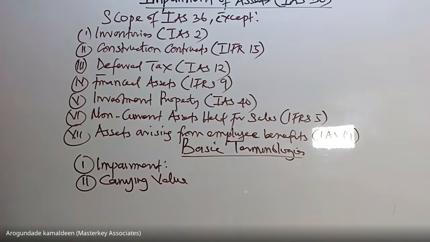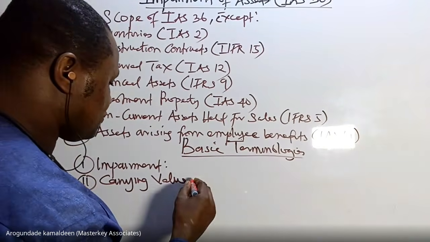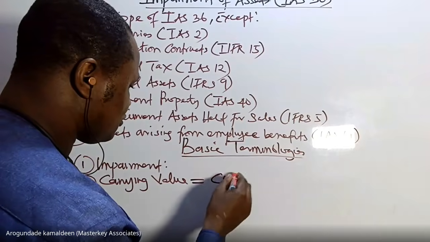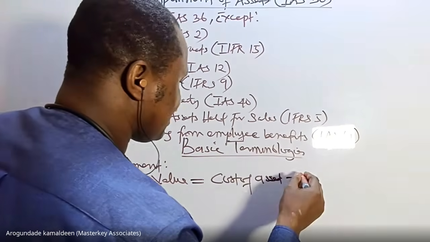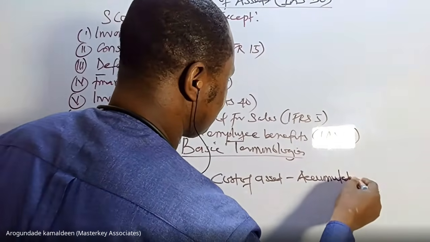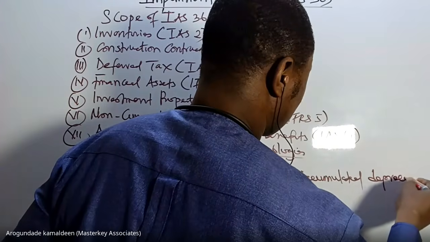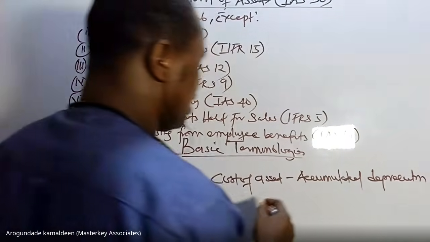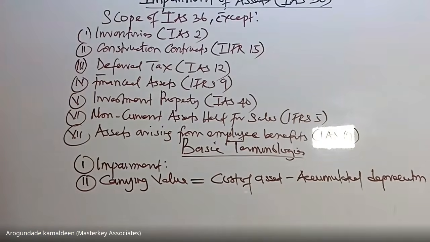Is that clear? So the carrying value is determined by saying the cost of the asset, less the accumulated depreciation, and also the accumulated impairment.